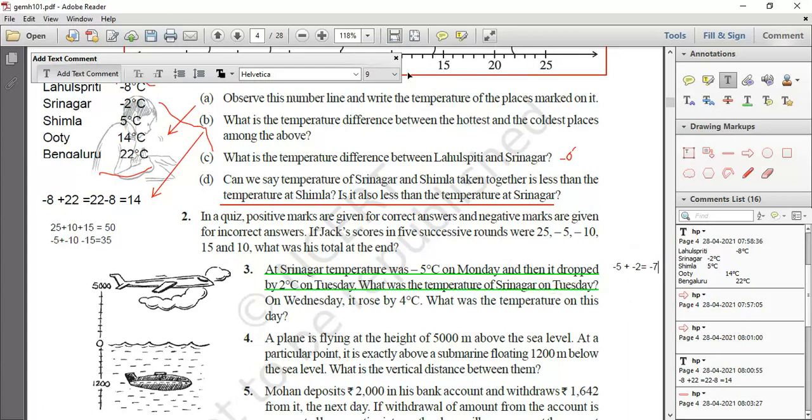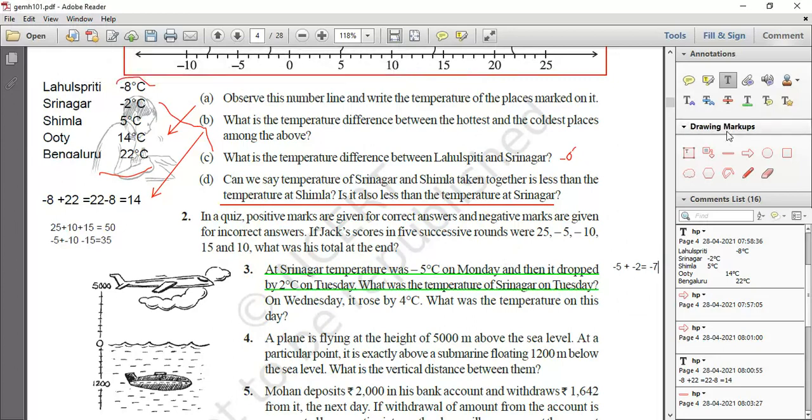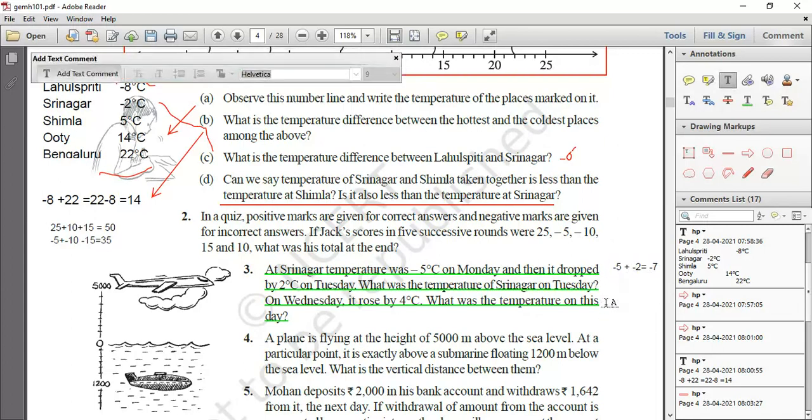So moving on to the second part. The second part says that on Wednesday it rose by 4 degrees. What was the temperature on this day? It rose, which means you have to add, plus.